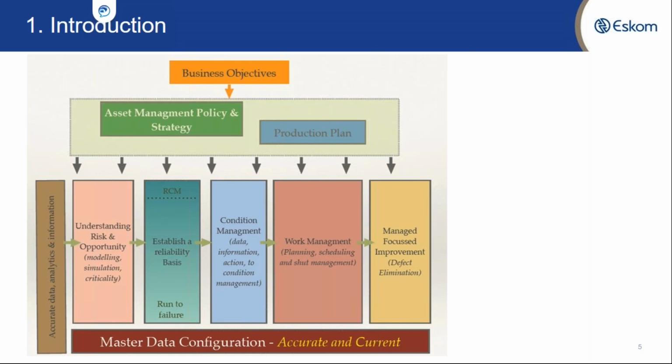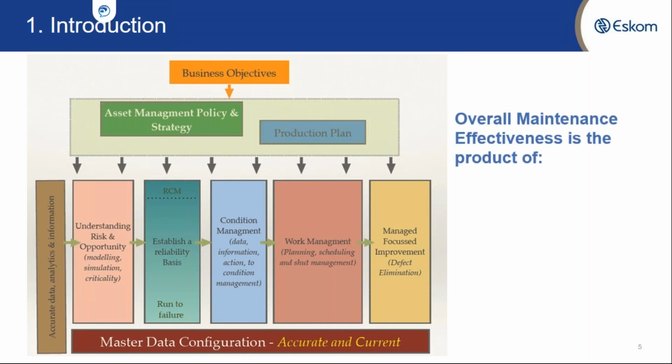That is where the maintenance planning, the scheduling, and arranging outages actually takes place. And once that has been done, the focus is now on executing the work, as well as ensuring that there is continuous improvement on the process.